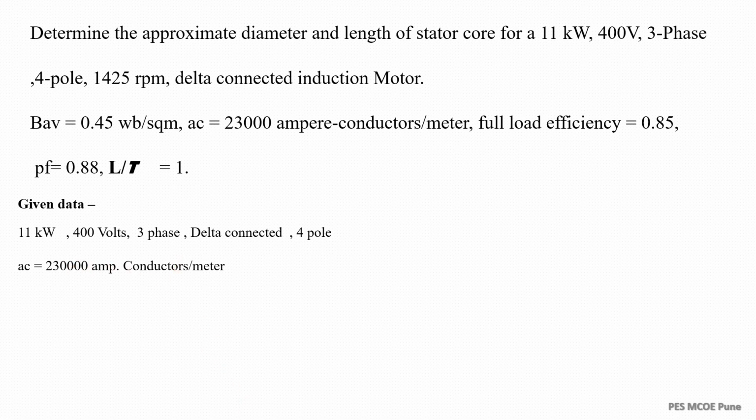It should be 23,000 ampere conductors per meter. The next given data is efficiency of the machine, that is 0.85, power factor 0.88, and average flux density 0.45. So let's start to solve this numerical.